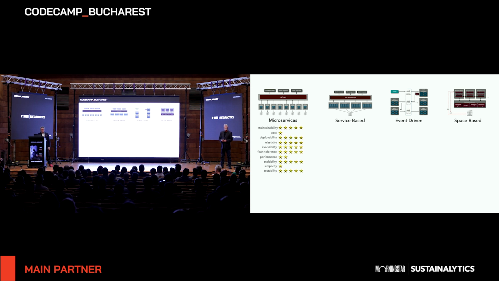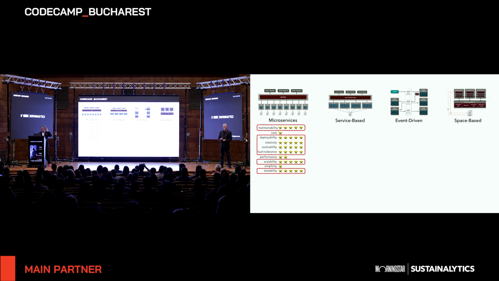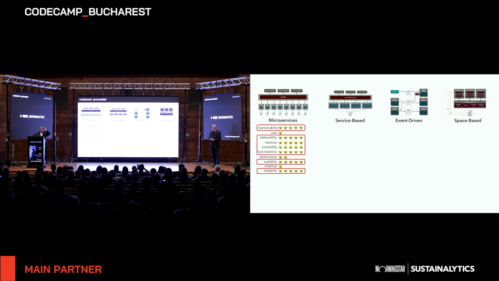For example, of these architectures I was talking about, we built these star rating charts, 1 to 5 stars, that show how one architecture compares to the other in terms of these capabilities. You see here the real sweet spots for microservices are things like maintainability, scalability, and testability.